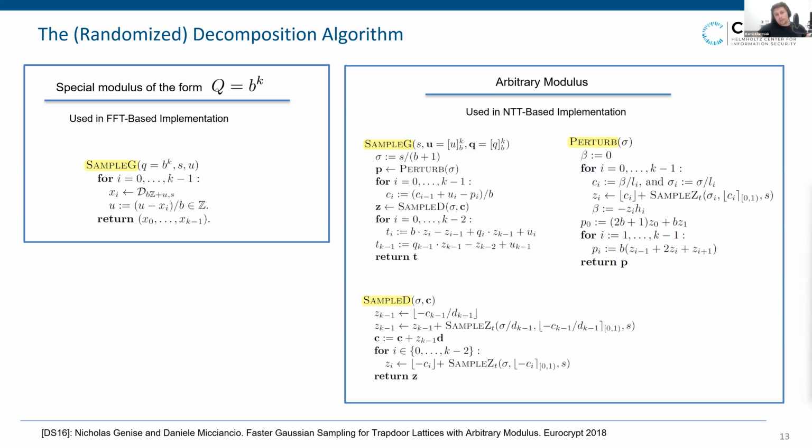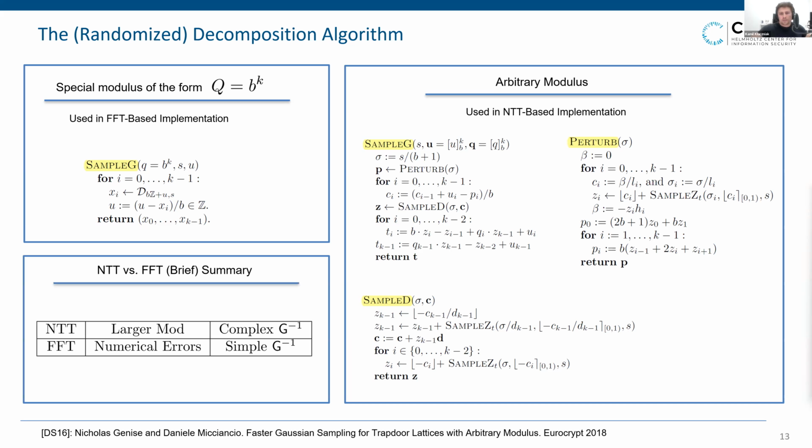But then there is the decomposition algorithm on the right, and that works for every modulus, for instance, a prime modulus, and this one is used in the number theoretic transform implementation. And later in the experiments, you'll actually see the difference in the efficiency impact that these algorithms have. So, but roughly, to summarize both implementations, we have this.